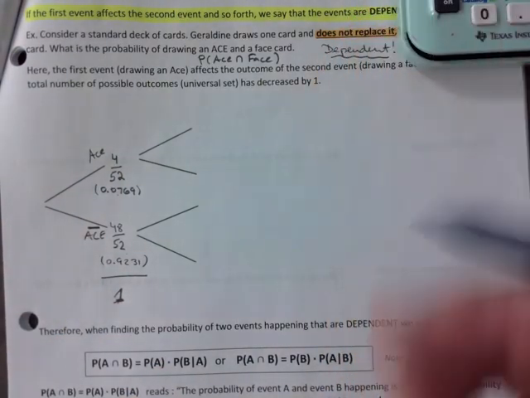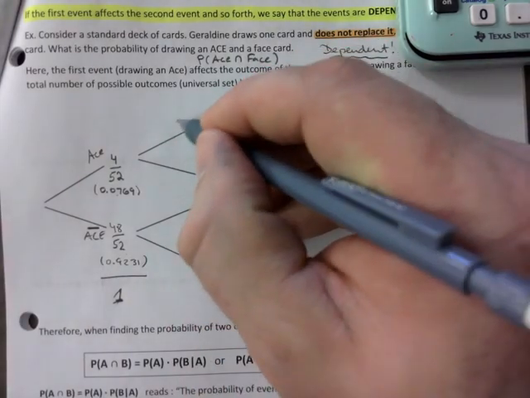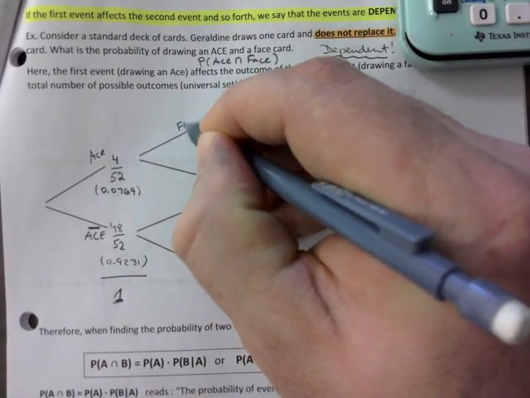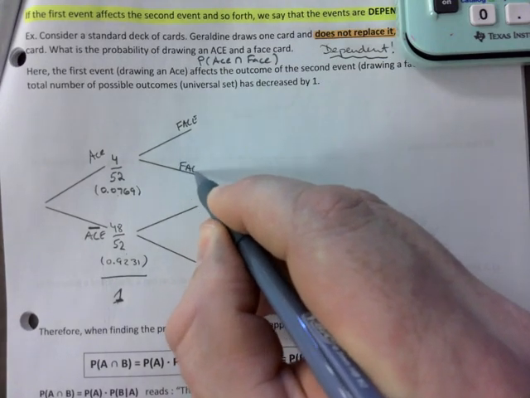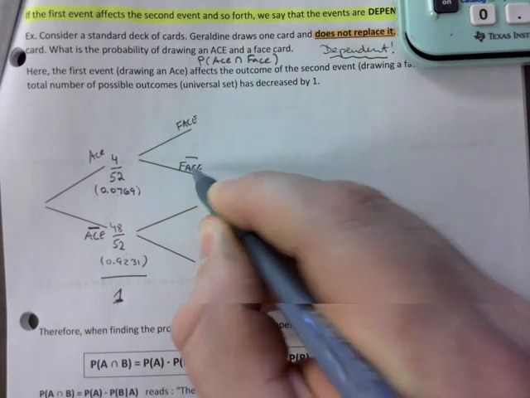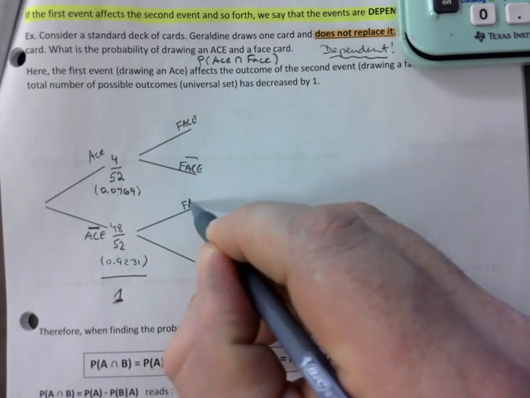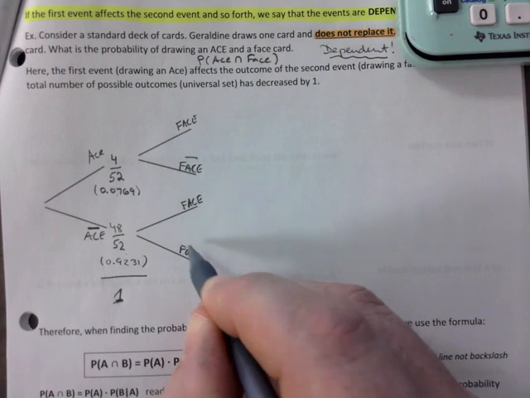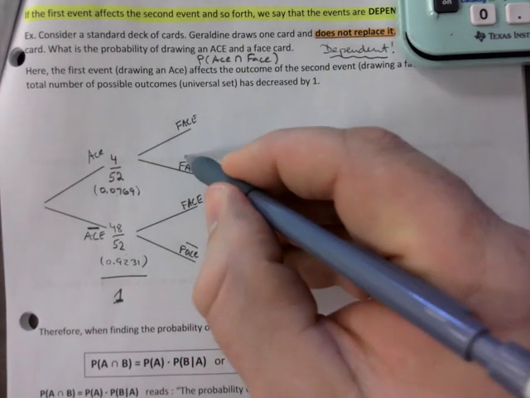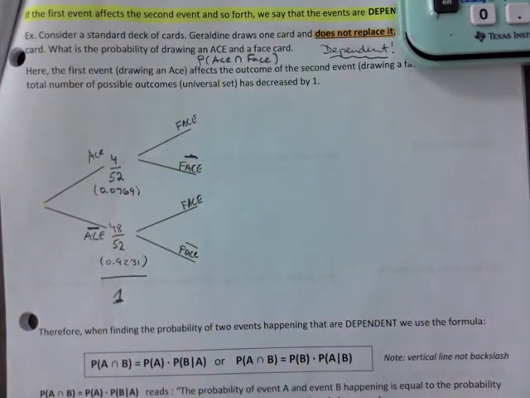My second event is face, right? So you can go face, and then on this branch here will be not face, and then face, not face. Make sure you put the bar on top of not face, okay?